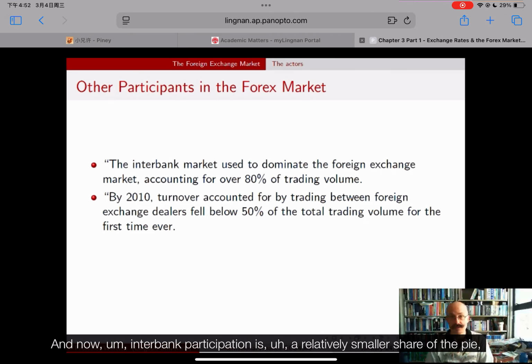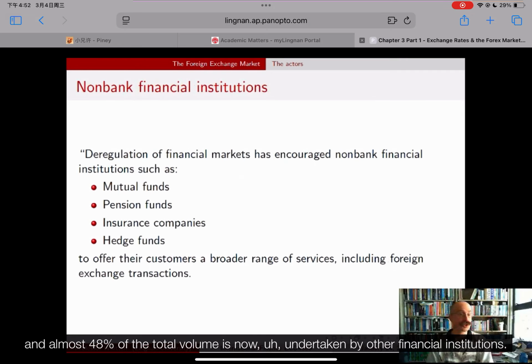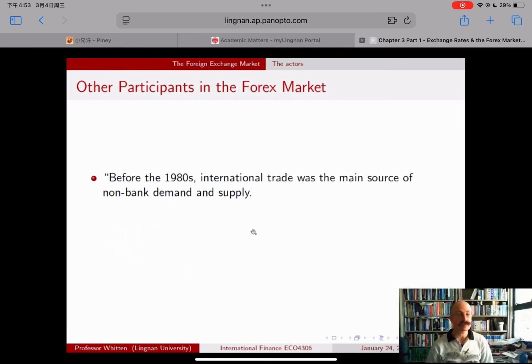interbank participation is a relatively smaller share of the pie, and almost 48% of the total volume is now undertaken by other financial institutions. What is an other financial institution? You see examples here.